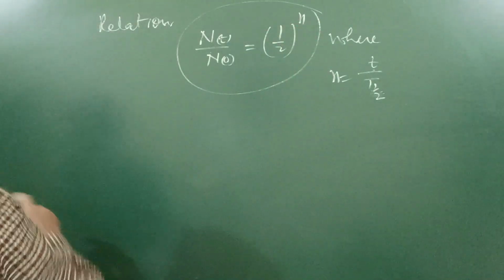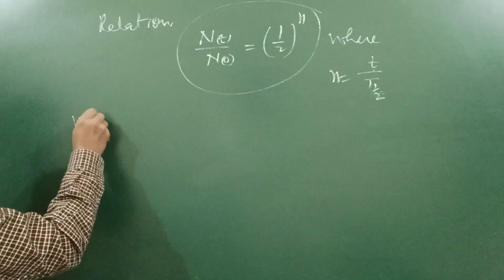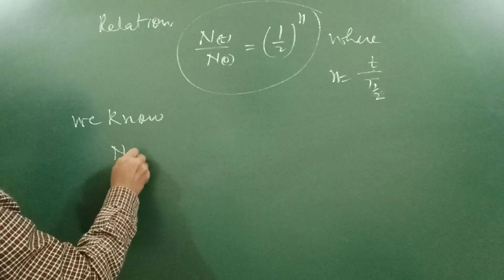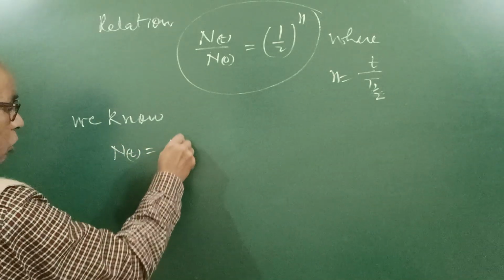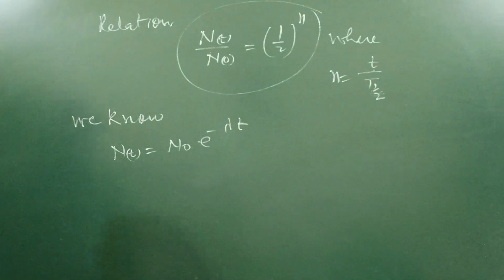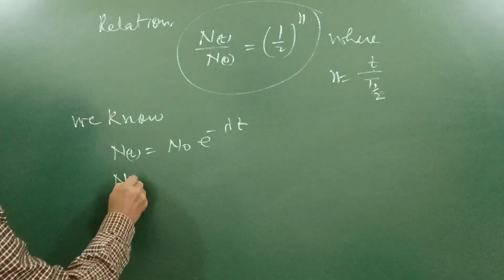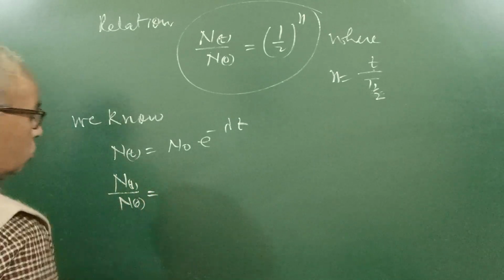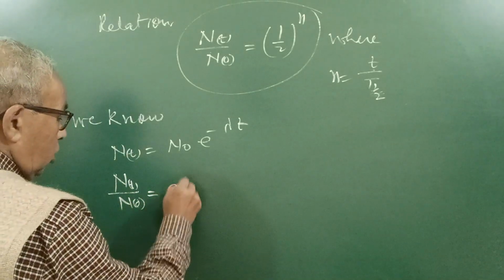How? We know N t equal to N0 e to the power minus lambda t, or N t upon N0 is equal to e to the power minus lambda t.